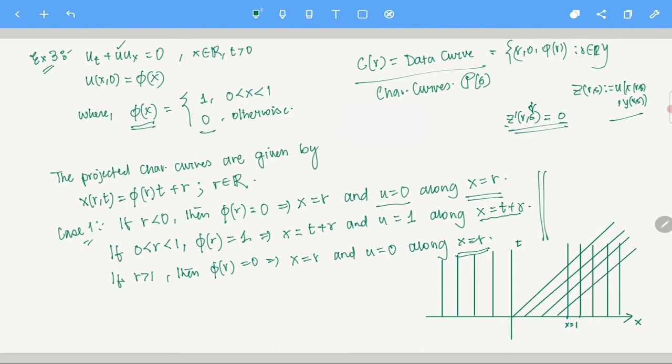Okay, so these are the projected characteristics. Now, as you can see, there is a shock. Where is the shock?